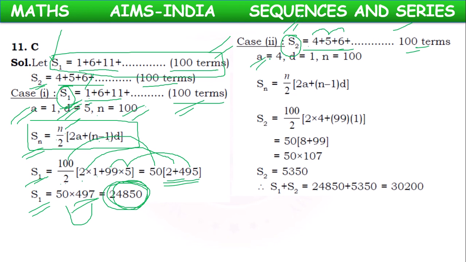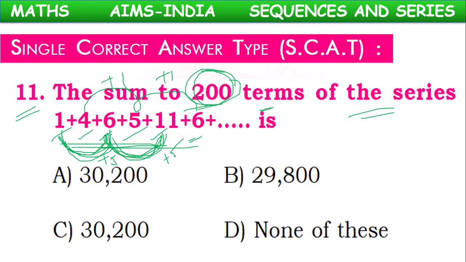Here a is 4, common difference is 1, number of terms is 100. S2 equals 100 by 2 into 2 into 4 plus 100 minus 1, 99 into 1. 100 by 2 is 50. 2 into 4 is 8. 99 into 1 is 99. 8 plus 99 equals 107. 50 into 107 is 5350.